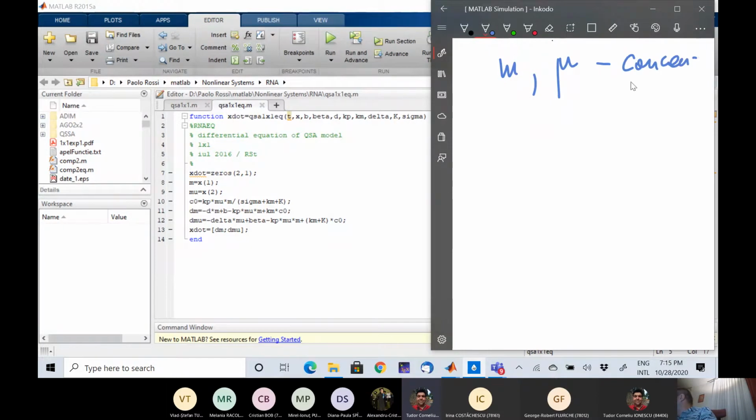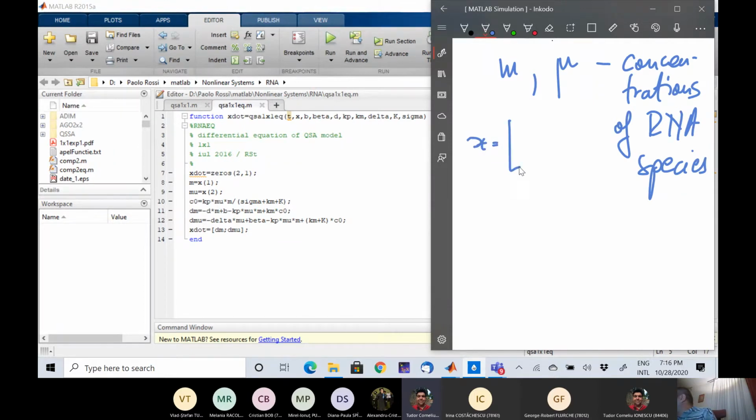I will also give you the model at some point of two RNA species. These are proteins, and you look at their concentration. And your state space vector X is m and mu. Clearly, m is x1, and mu is x2. That is what we have written in the first place.